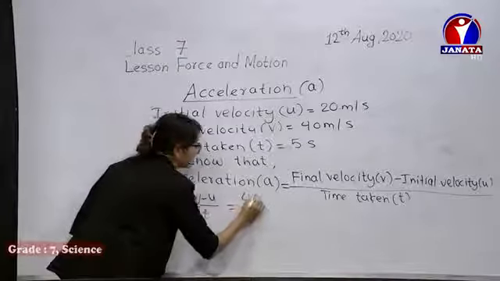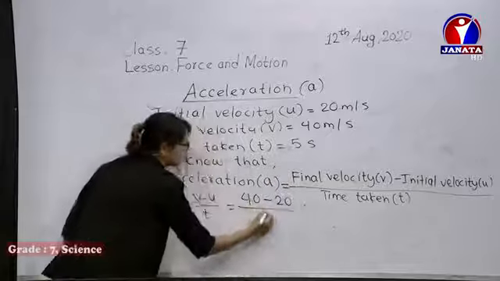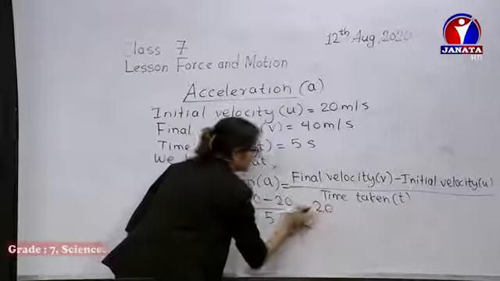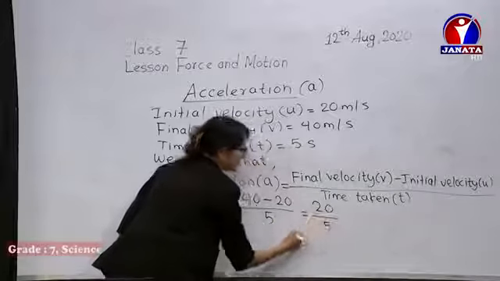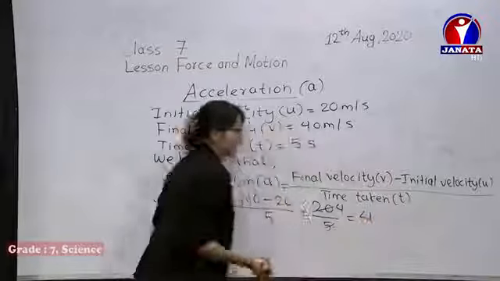V's value is 40, U's value is 20, and time taken is 5 seconds. So 40 minus 20 is 20, and 5 is as it is. So 5 4s are 20. Therefore, the value of acceleration is 4.